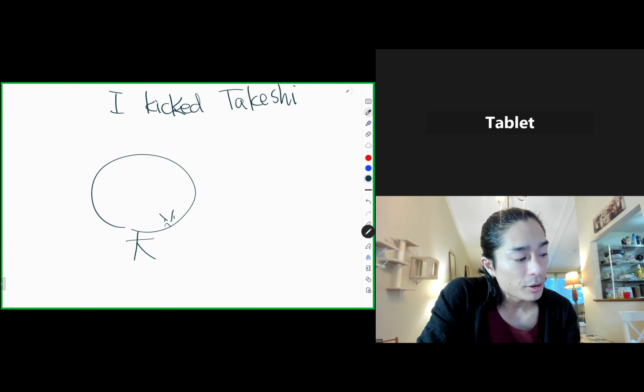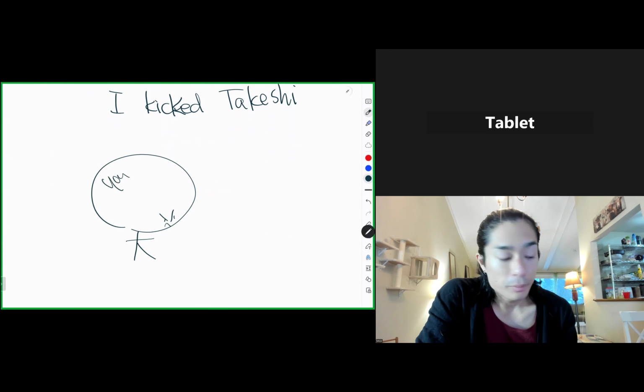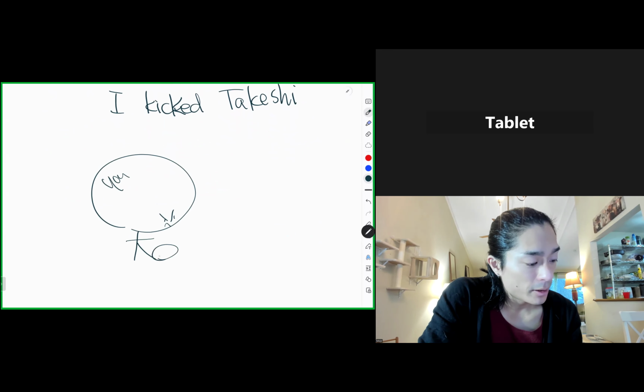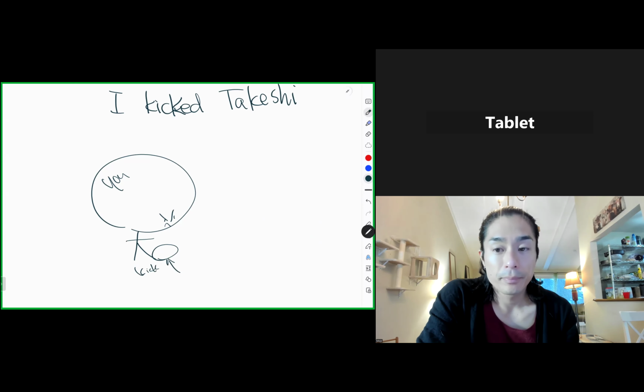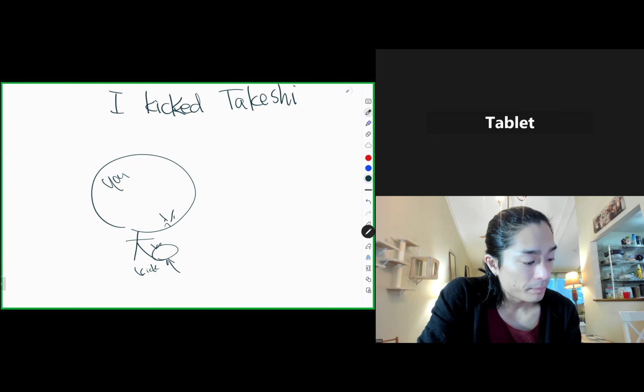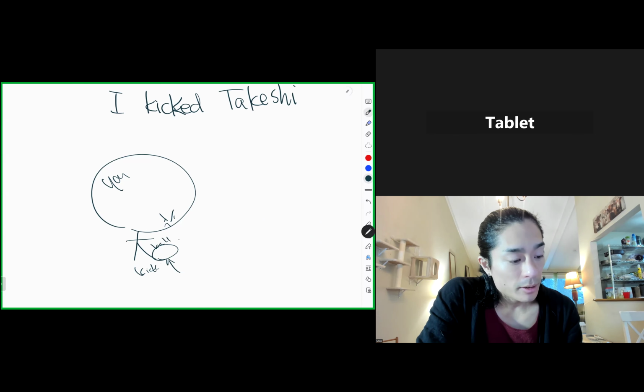Let's say you're playing soccer and you're kicking this soccer ball. In this case, the soccer ball is the object, right?